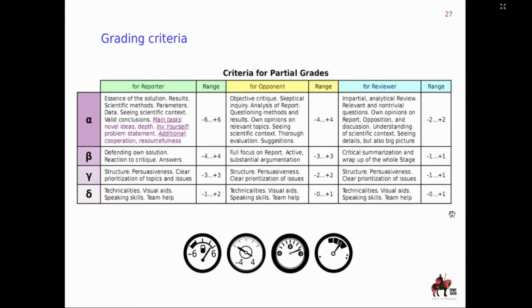As you know, the reporter's role is to present and defend. The opponent's role is to draw all attention to the report and criticize and discuss. And the reviewer's role is to provide a critical summary.